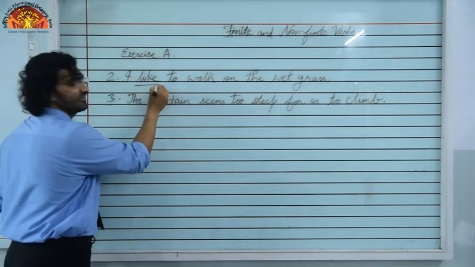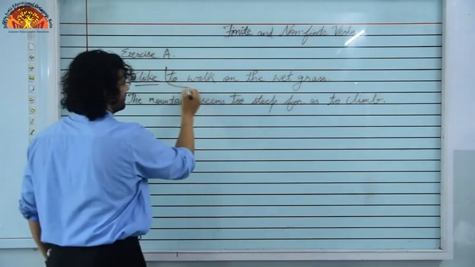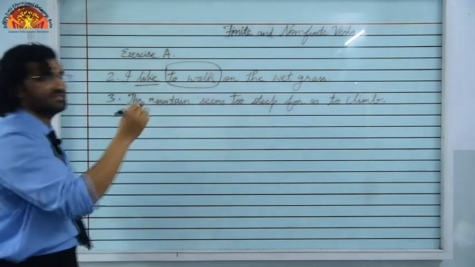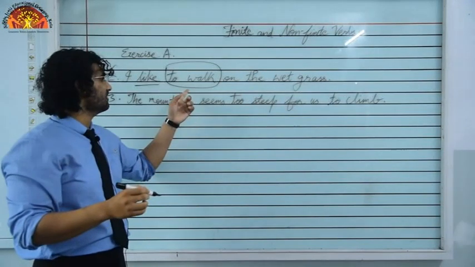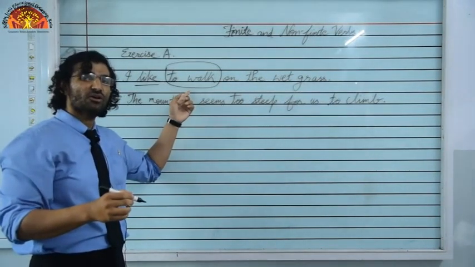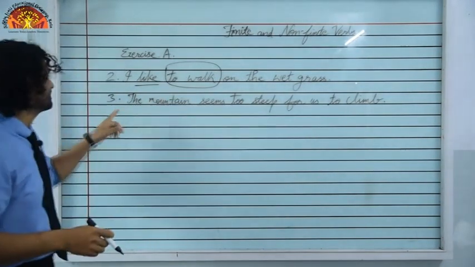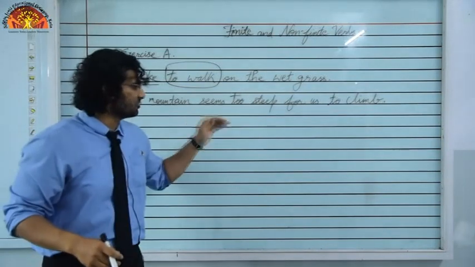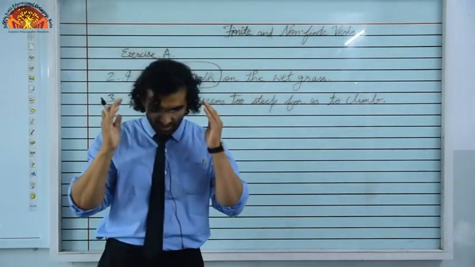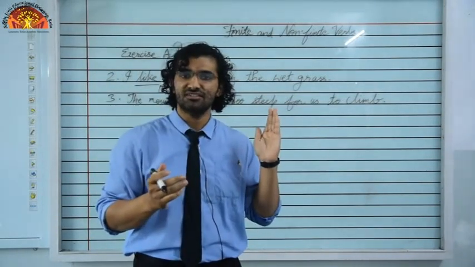I like, this is finite. To walk, this is non-finite. And if we would like to talk about the category of it, it belongs to the infinitive. You remember that? Good. The mountain seems too steep for us to climb. Can you try to identify the finite and non-finite verbs for me in this sentence?